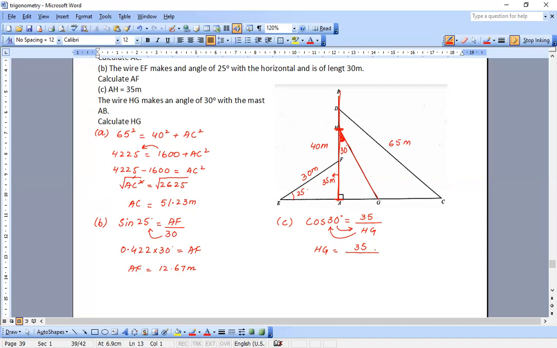Let's find out the value of cos 30 and write it over here, which is 0.866. So HG is equal to 35 divided by 0.866. It is going to be 40.41 meters. That's your question.